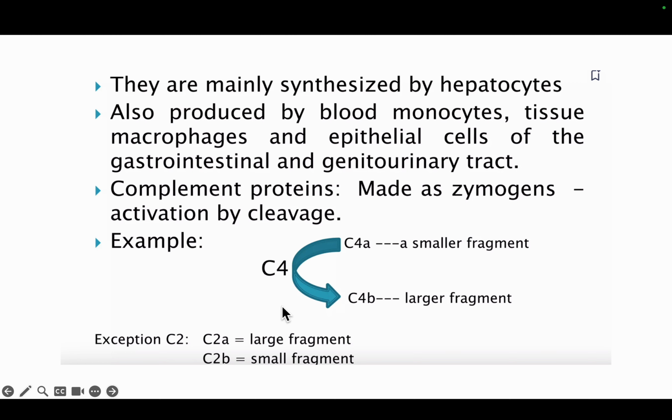Here C4 is the zymogen, and some cleavage happens, forming C4a and C4b. It becomes an active enzyme, which will do the function further in the cascade mechanism. So cleavage is needed for their activation.